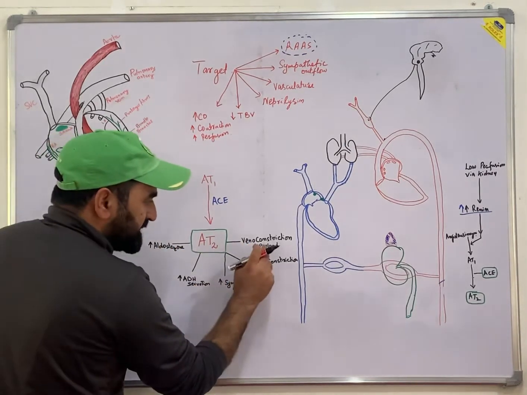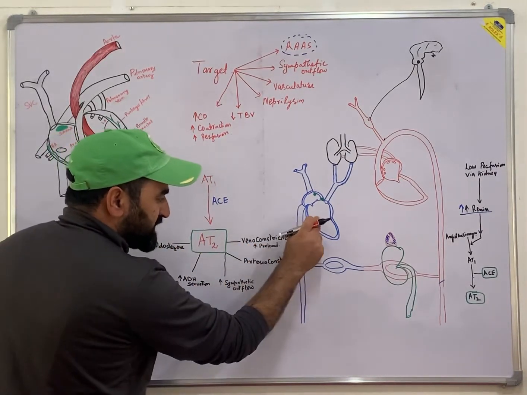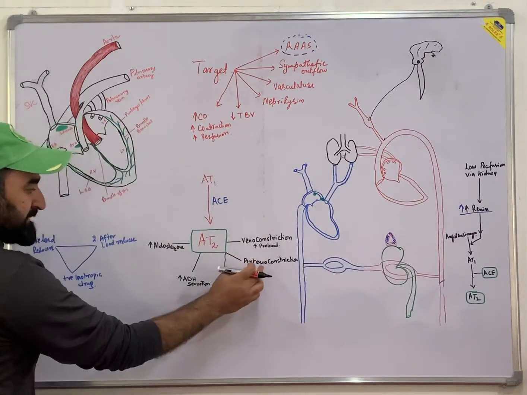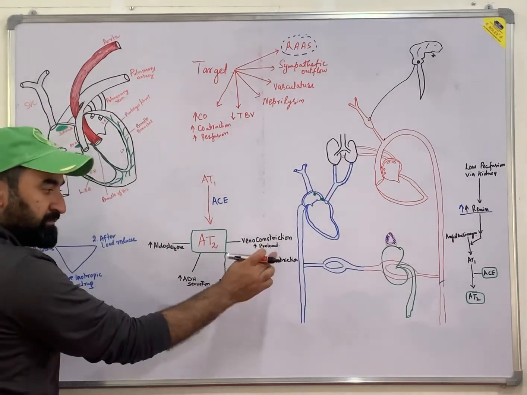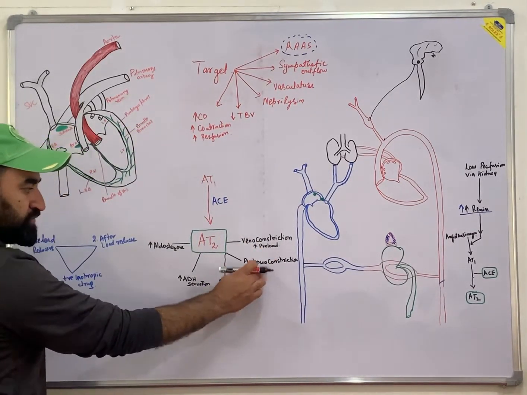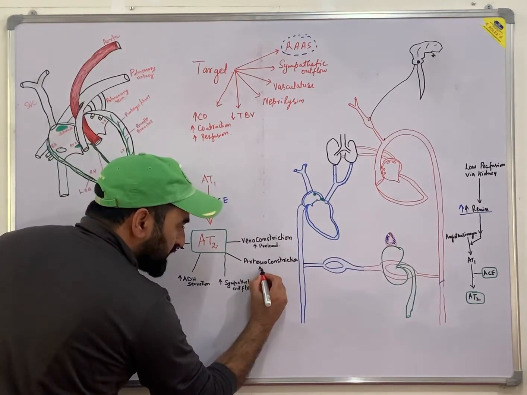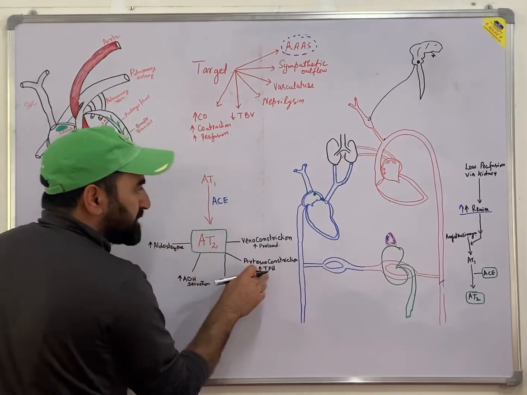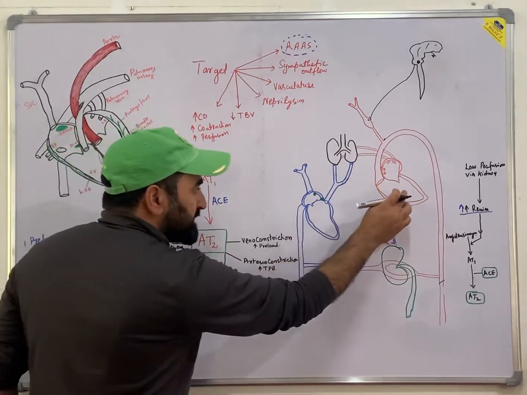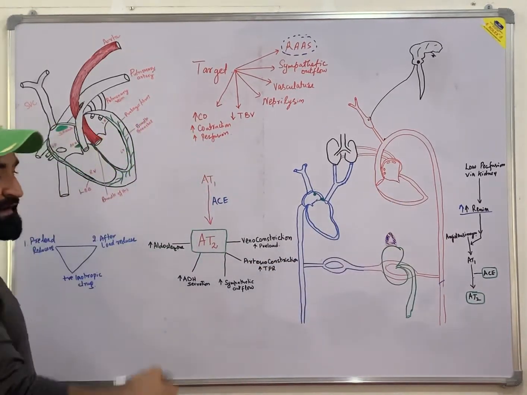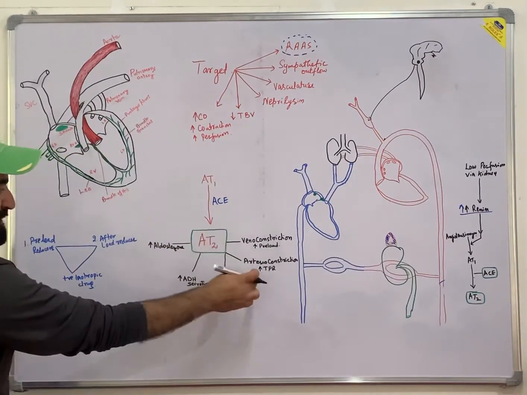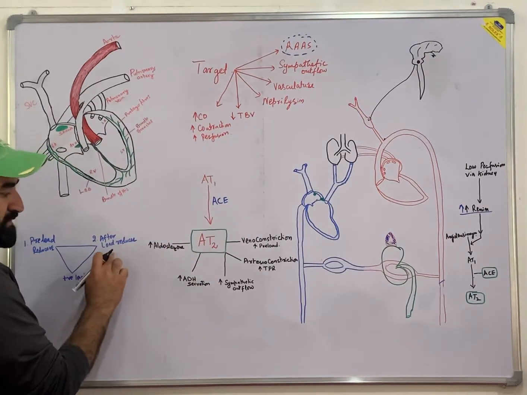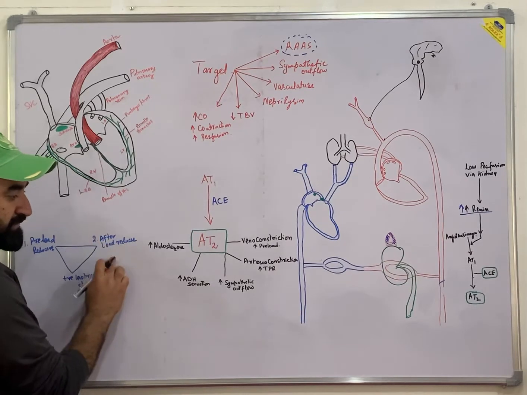That means if there is increase in the preload, there is stress on the heart. Number second is arterioconstriction. That means what arterioconstriction is going to do? It increases the total peripheral resistance. If there is increase in the total peripheral resistance, it induces the stress on the heart. Now that means you need to reduce the afterload. This is total peripheral resistance. You have to give the reducers.